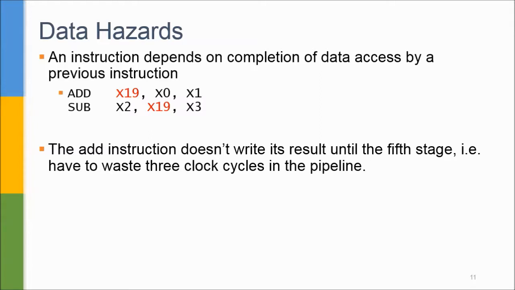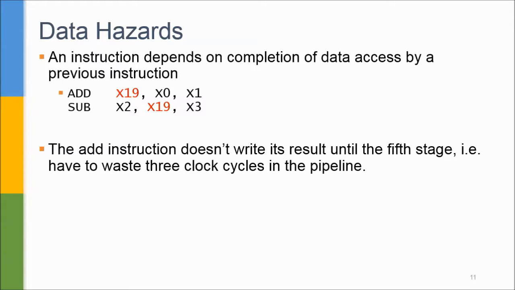For example, suppose we have an add instruction followed immediately by a subtract instruction that uses the same register. For example, we have add x19, x0, x1 and sub x2, x19, x3. We see that add and sub use the same register x19.